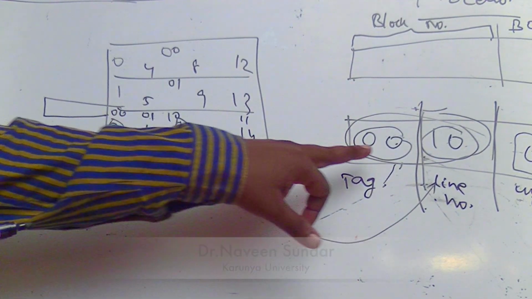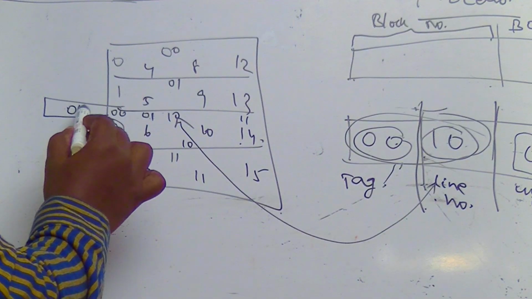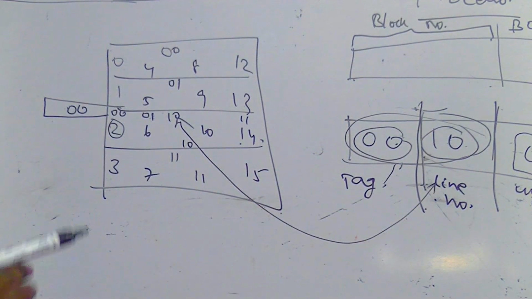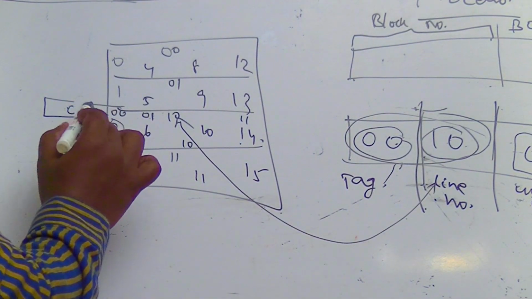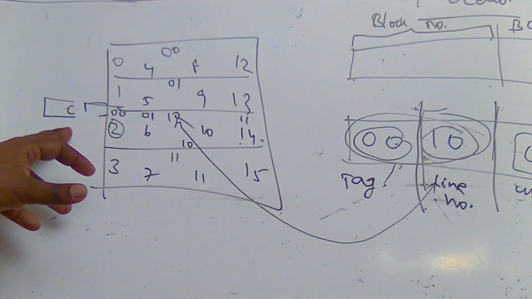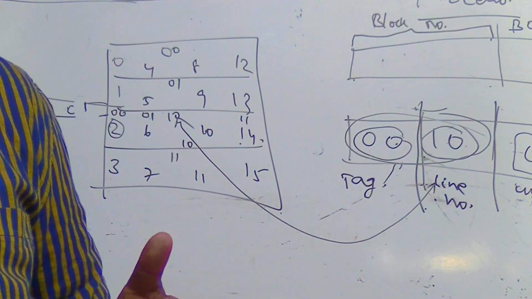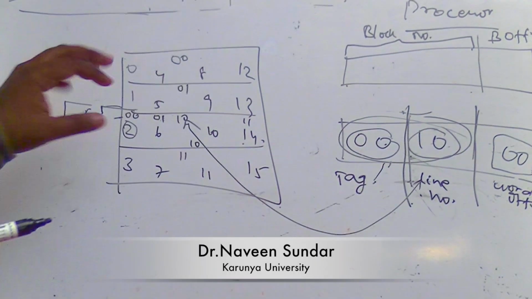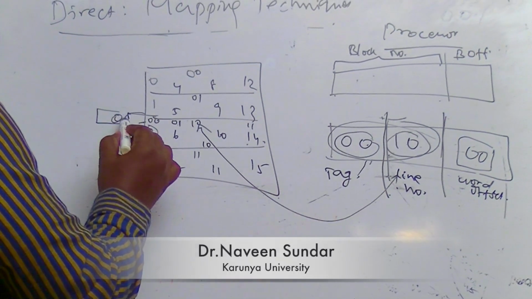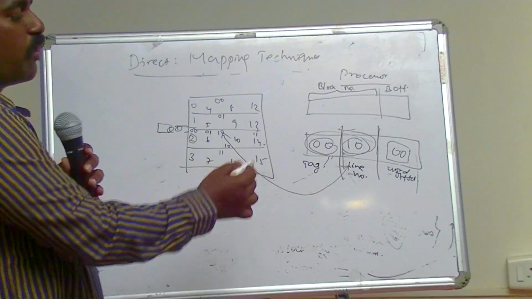So if the tag is 00, then the cache hit occurs. If it is 01, even if the line number is correct, but the tag does not match, then we say it is a cache miss. Understood? If the cache hit occurs, so 00 is present and the cache line is also present, then it will have 4 words.